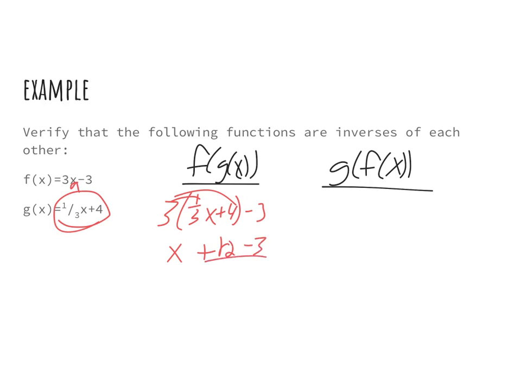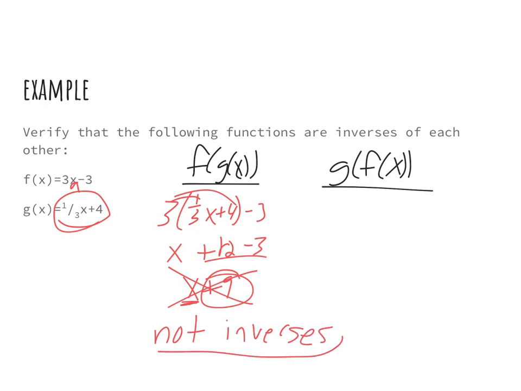Combine my like terms here. I get 12 minus 3 gives me 9. So I have x, but I also have this plus 9 right here. That means that this does not work. I don't even have to bother going to g of f of x because the first one didn't work. So these are not inverses of each other.